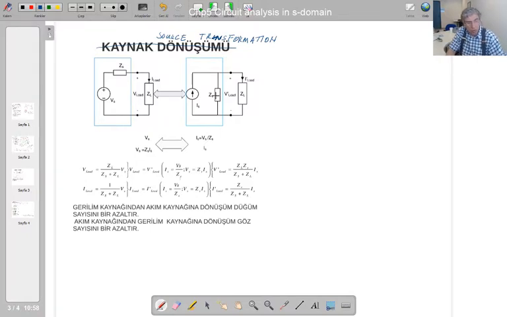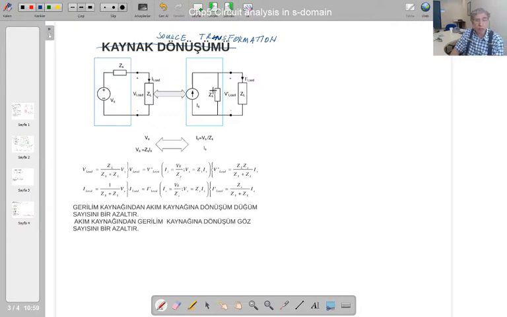So in order to see that equivalency, this is a circuit with a load ZL connected to it, and the right-hand side circuit also has the load ZL. Current and voltages do not change if we replace this independent voltage source in serial with an impedance here with an independent current source in parallel with an impedance.